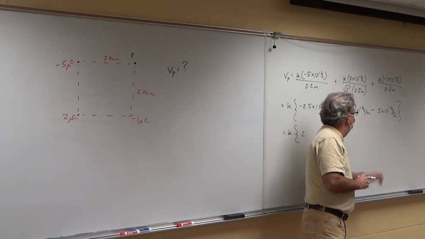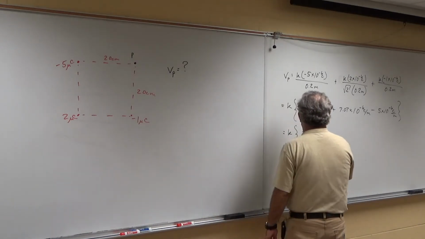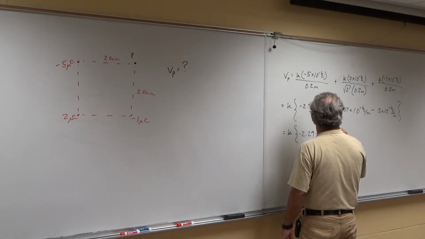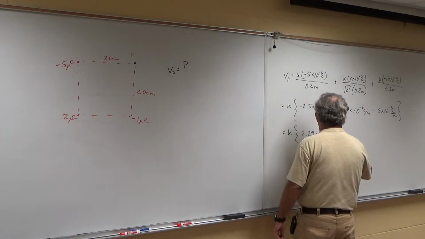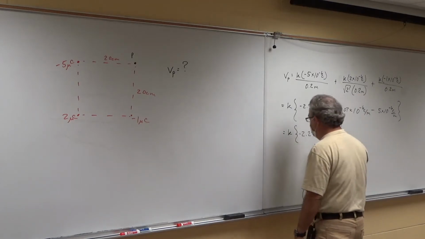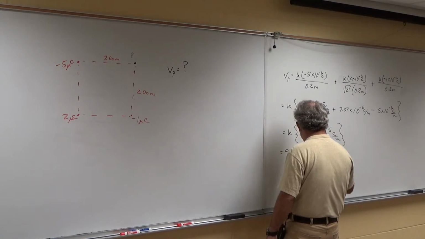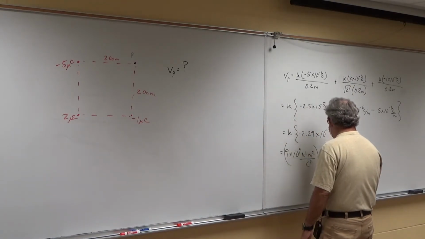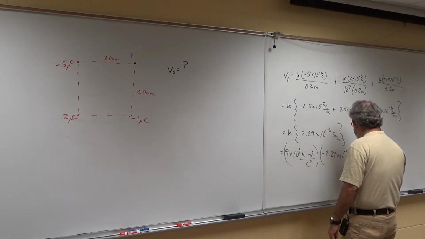That's negative, that's negative. -2 point what? 10 to the -5 coulombs per meter, times K. So K is 9 times 10 to the 9 newton meters squared per coulomb squared times negative 2.29 times 10 to the negative 5 coulombs per meter.